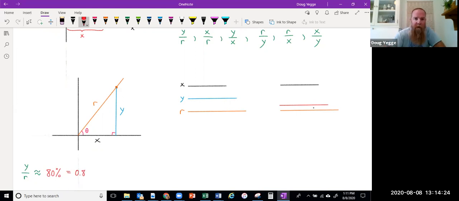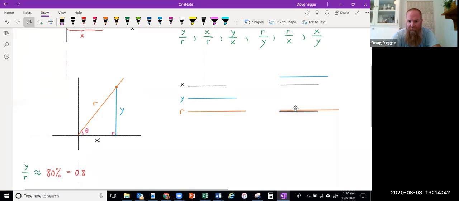Well, we can take a look at a couple of other ratios. The second ratio we have is x over r. So now let's move y out of there, and now let's compare x with r. If I look at how big x is compared to r, it looks like it's less than 80%, maybe about 2/3, maybe about 60% or so.